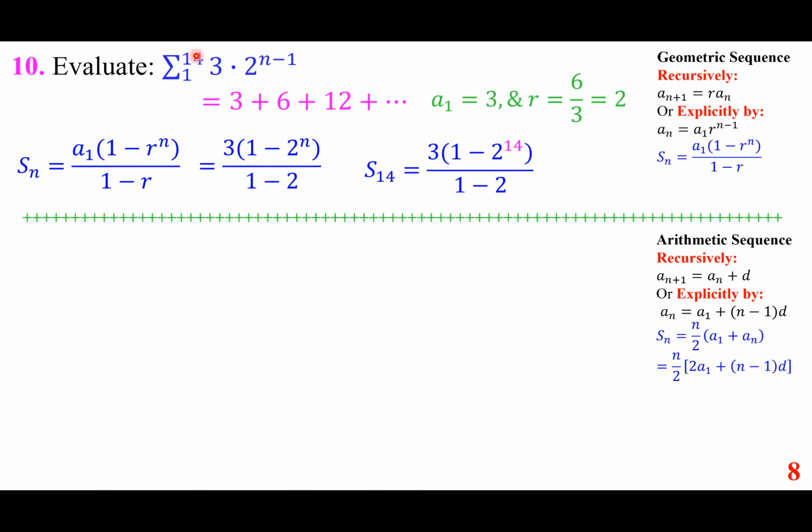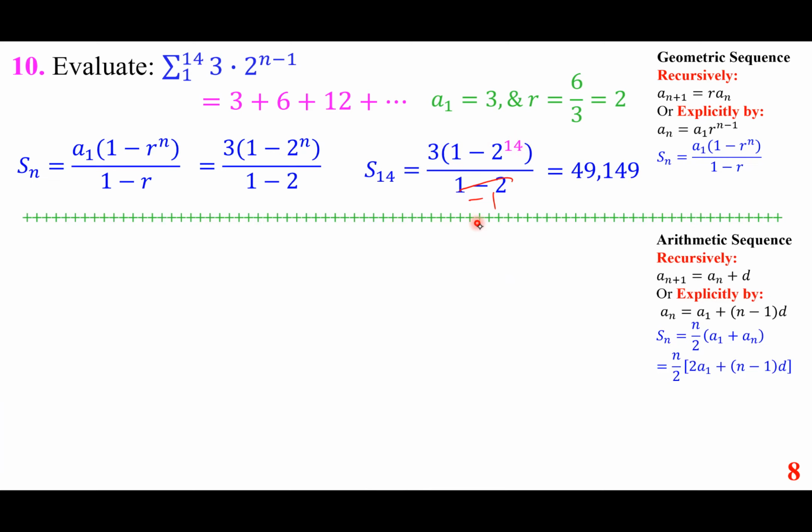And of course, you have to put it into a calculator to come up with the answer. This is obviously negative 1. So you raise 2 to the power of 14, whatever that is, you subtract it from 1, which gives you a negative number times 3, and divide by negative 1 gives you a positive number of 49,149.